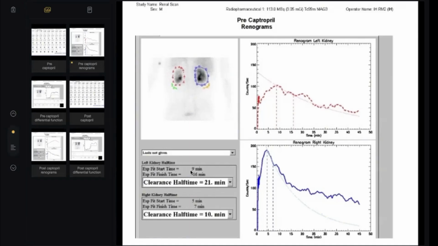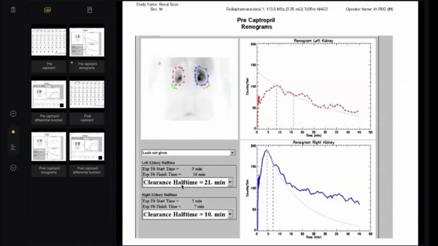Excellent. So what happened, yes, here? Clearance time of the left one. What does the clearance time mean? The clearance half time. The time that the kidney takes to clear half of the tracer. Doctor, how do we know this? By means of the nuclear packs. They know the dose and they know how much was given to the patient and after how many minutes half of it has been excreted by each kidney.